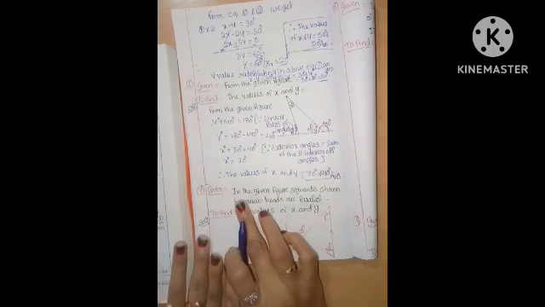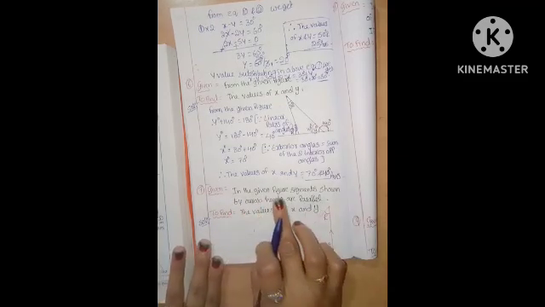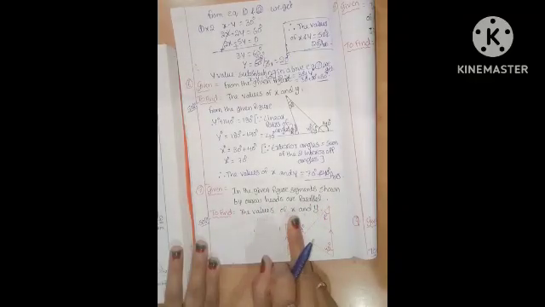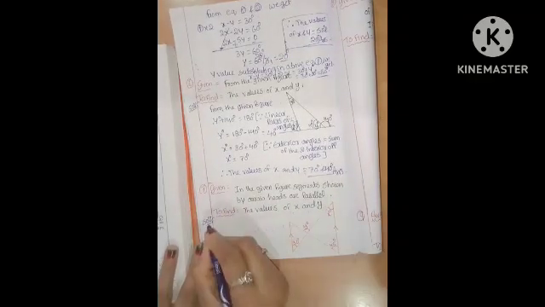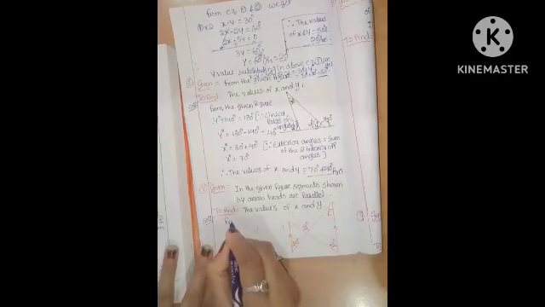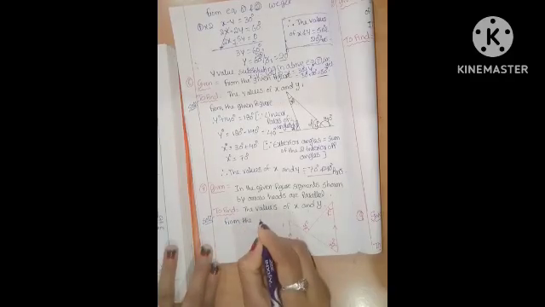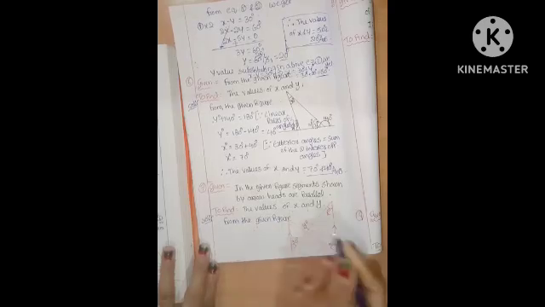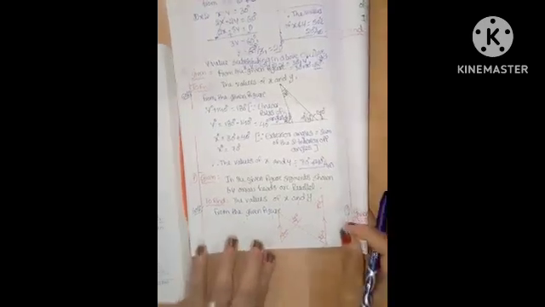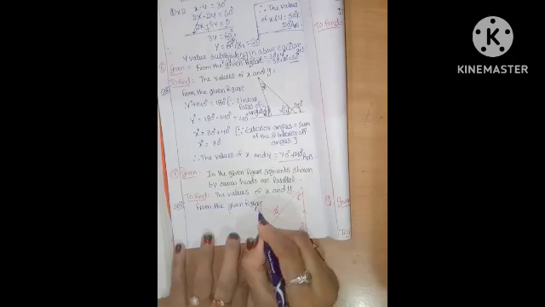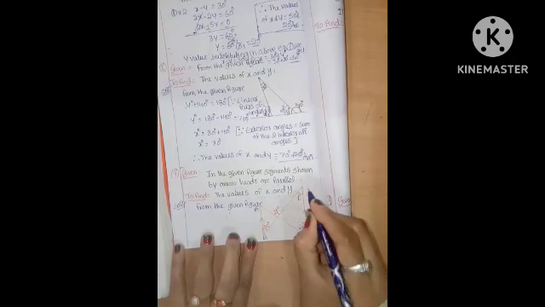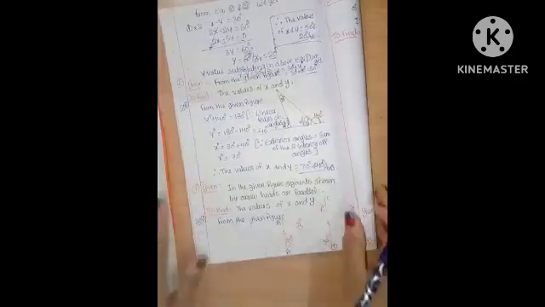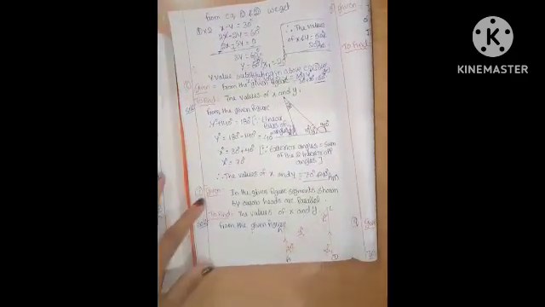First, how to write the given data in our problem. In the given figure, segments shown by arrowheads are parallel. To find the values of x and y. Let us solve this problem. From the given figure, first I give the names: A, B and next C, D. Without names also we can calculate the x and y values.